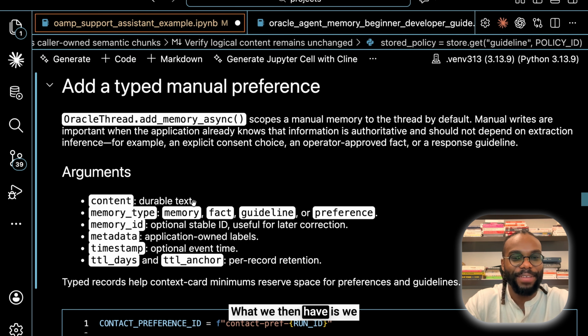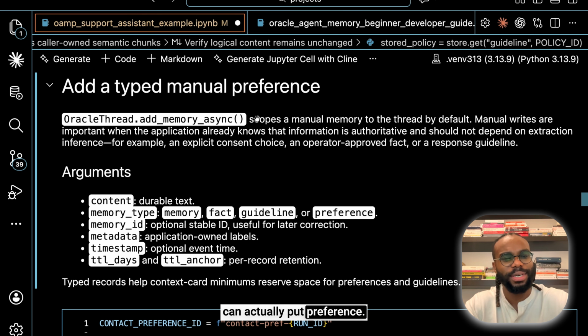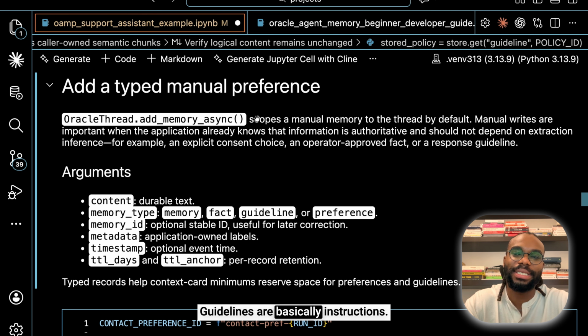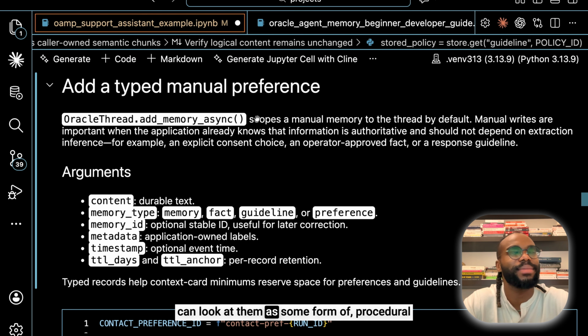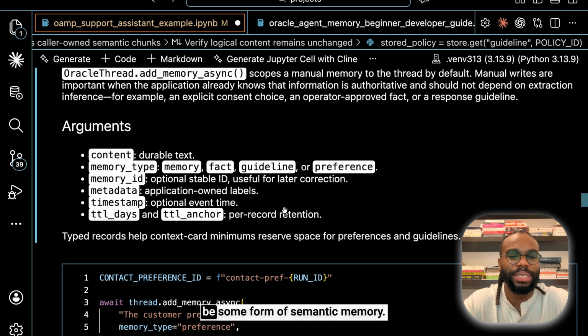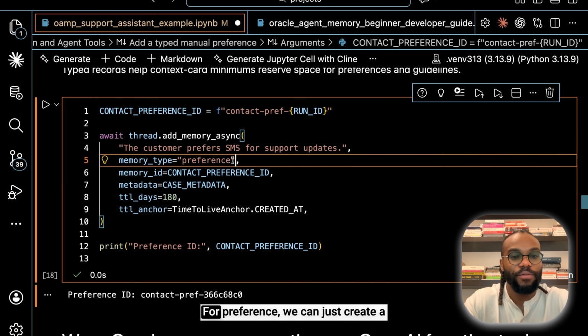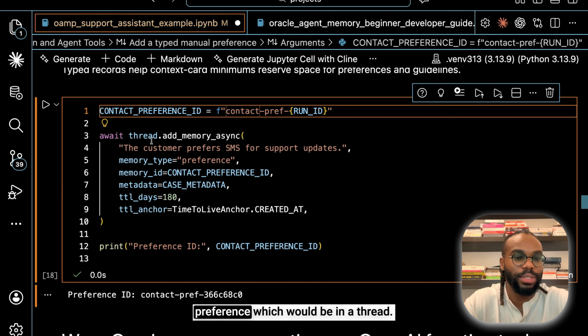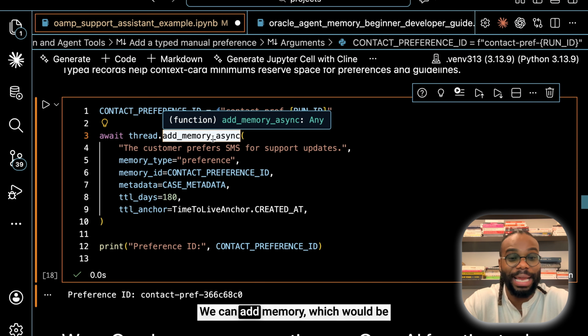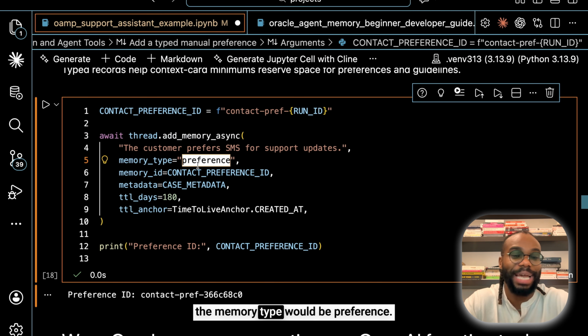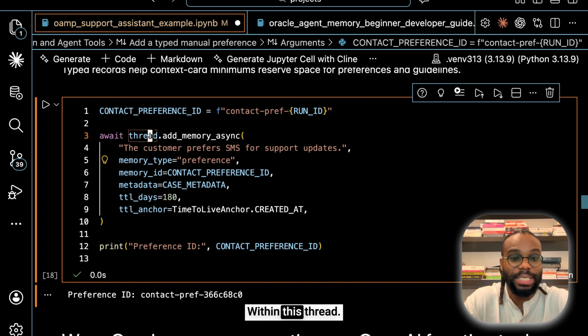What we can then do is put in a preference. Guidelines are basically instructions. You can look at them as some form of procedural memory in a sense, and preference would be some form of semantic memory. For preference, we can just create a preference, which would be in a thread. We can add memory, where the memory type will be preference within this thread.